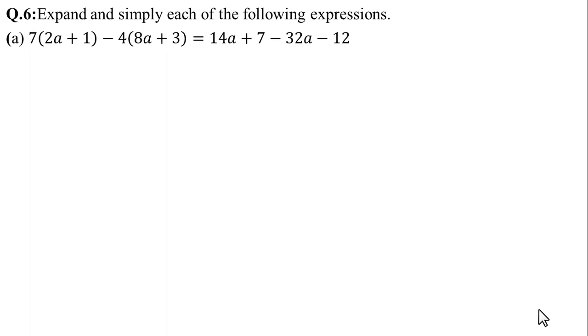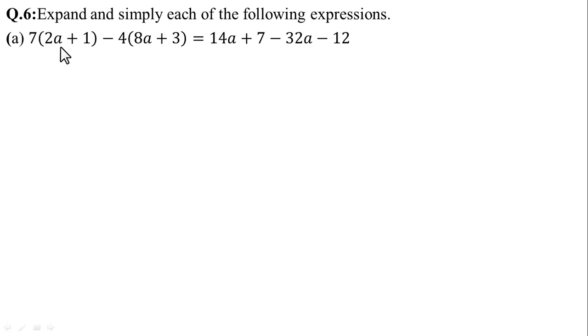First of all, in A part, it is given 7 into (2a plus 1) minus 4 into (8a plus 3). First of all, 7 multiplied by 2a plus 1.